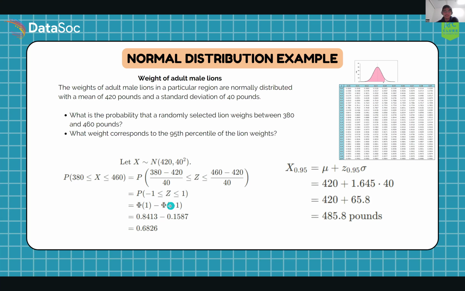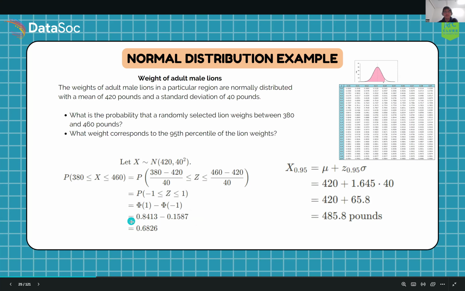And then vice versa, you find the value -1, which will correspond to this value. In a normal distribution table, it will only go up from 0. And so to find a negative value, it will just be the complement of the positive value, which means it will just be 1 minus whatever 1 is for -1.